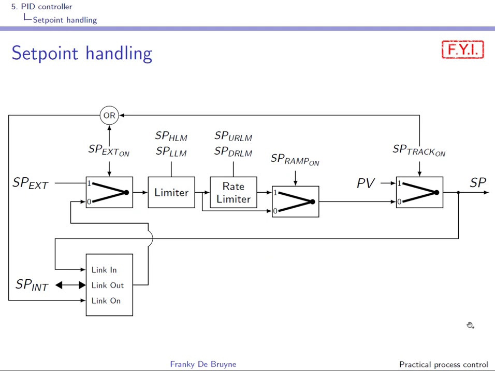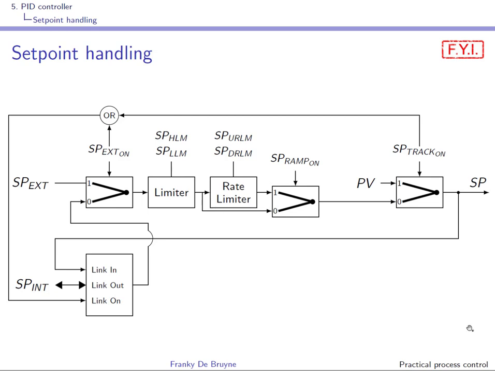This is for your information only, but you have seen in the example of the Siemens PCS7 PID block that a whole part of the control scheme was dedicated to set point handling. As you can see, there is a limiting of the set point to a low or high value. There is a rate limitation, and for instance, what you can do is switch on and off this ramp on the set point.